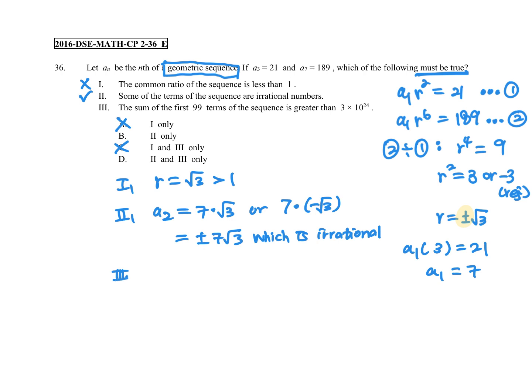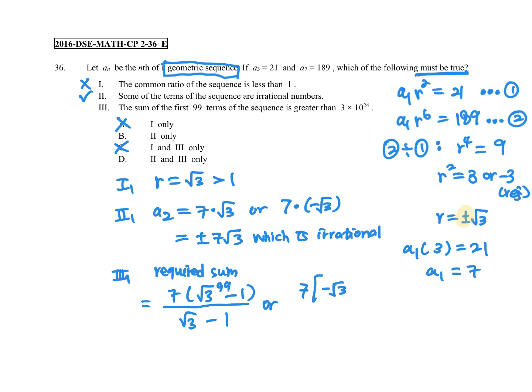So statement 3, the sum of the first 99 terms, so that will be S99. So that's why they require the sum. So here are two cases. A1 is 7, and then times square root 3 to the power of 99 minus 1 over square root 3 minus 1, or 7 times the same thing over negative square root 3 minus 1.